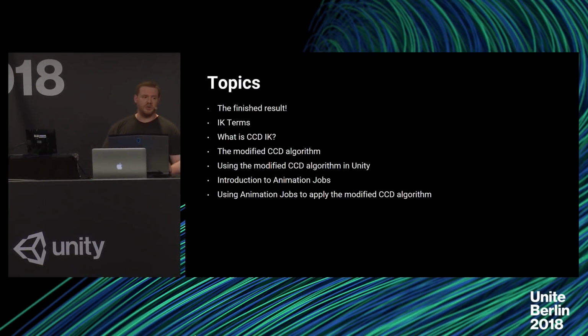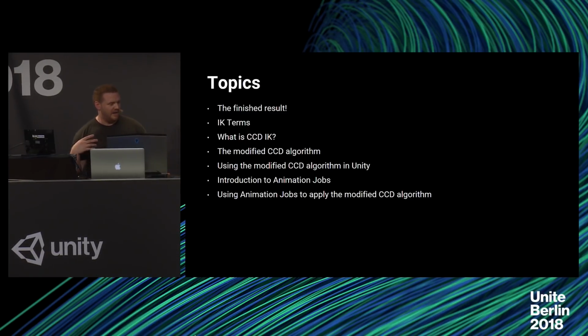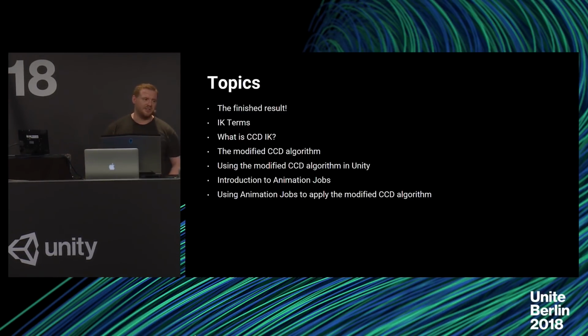Then I'm going to talk about what the actual algorithm for IK is, the CCD, and also a modification of that algorithm, because the default algorithm doesn't really give particularly good humanoid motion. So when using it for humanoid, we want to use a slightly more accurate algorithm.